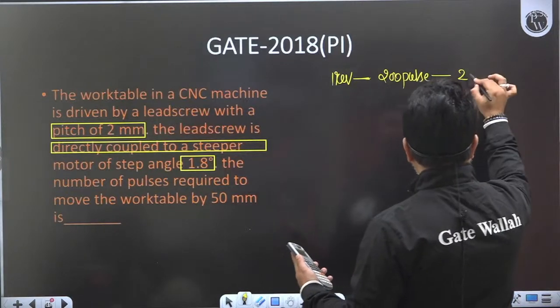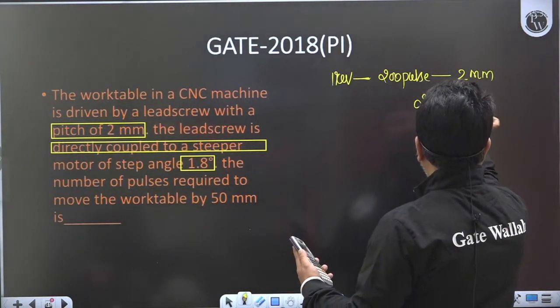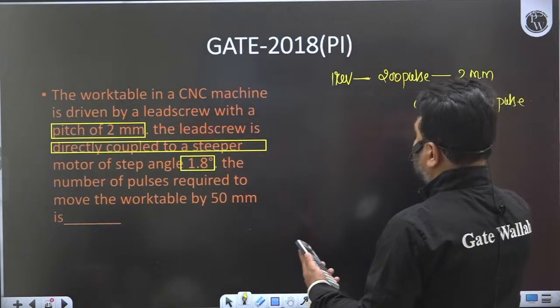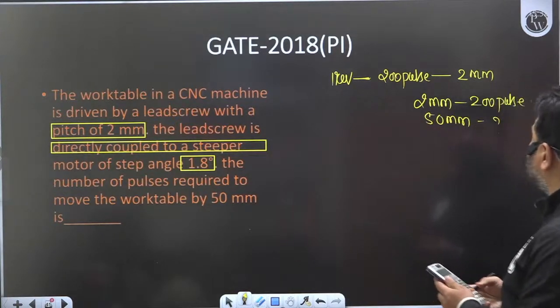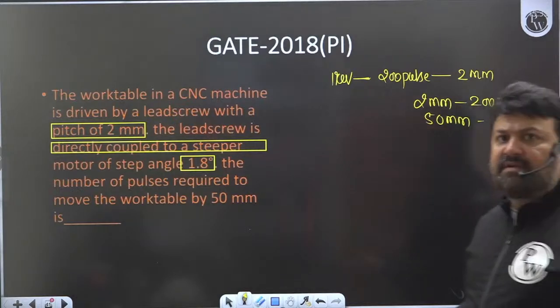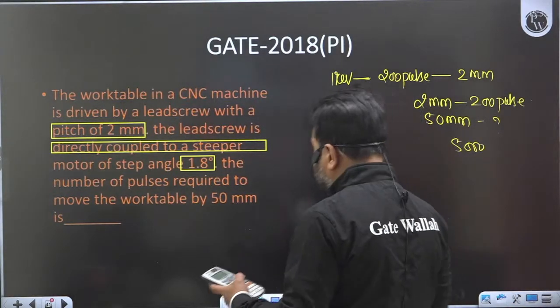By getting 200 pulses, it moved 2 mm. Or for 2 mm, we need 200 pulses. Then for 50 mm, how many pulses are required? Simple. 5000. Simple. 5000 pulses.